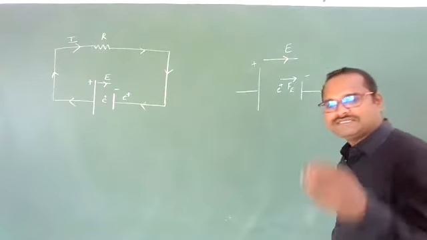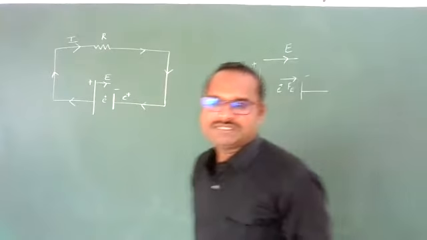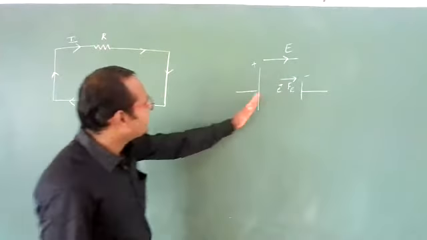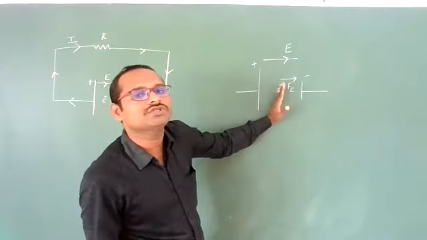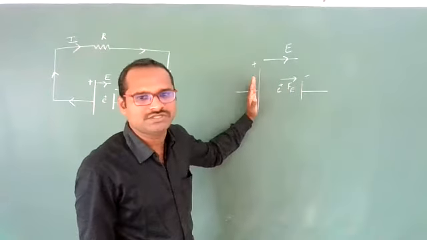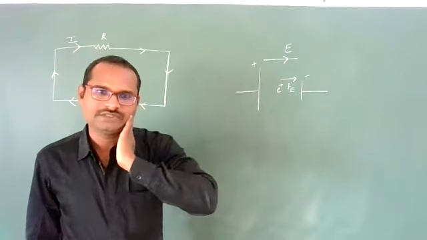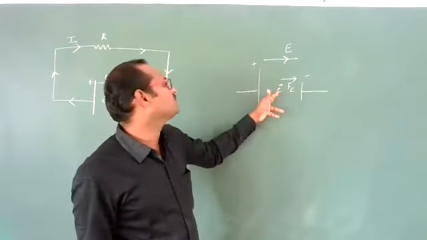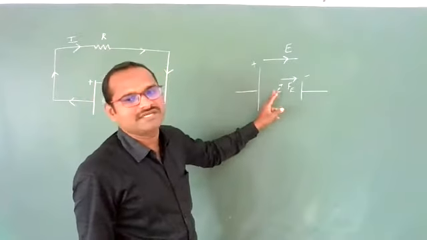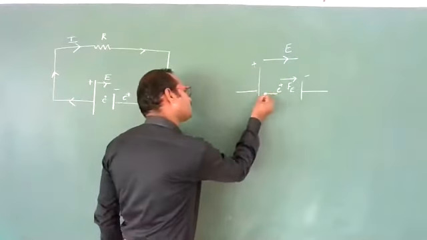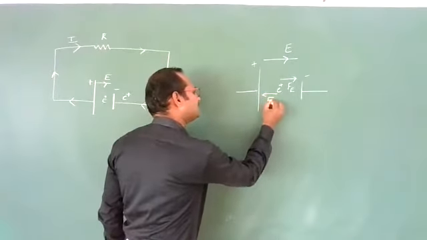That force is the force due to the electric field. On that positive charge, the electric field is acting, and that is not allowing this positive charge to reach the positive terminal of the battery. Then, to reach the positive terminal, someone should apply some force. That is nothing but the battery.